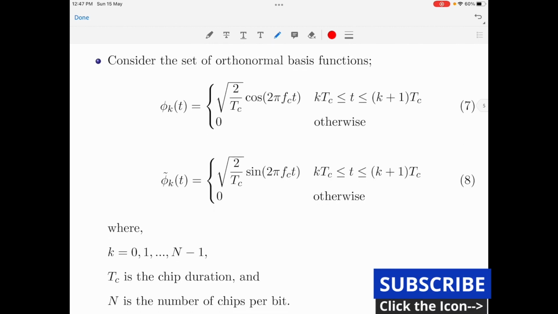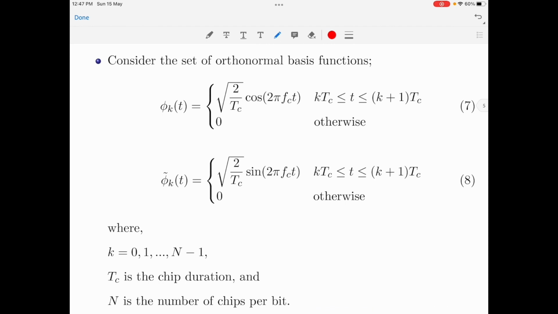I am going to start the discussion on the DS-BPSK signal space dimensionality by considering a set of orthonormal basis functions. The first function is phi k of t and is given by square root of 2 by Tc cos 2 pi fct, where t varies from kTc to (k plus 1)Tc and 0 otherwise.